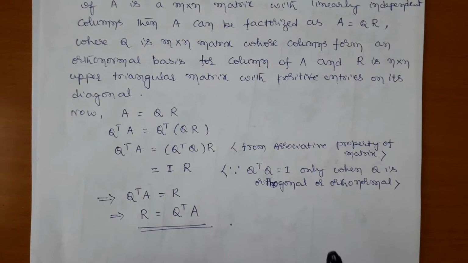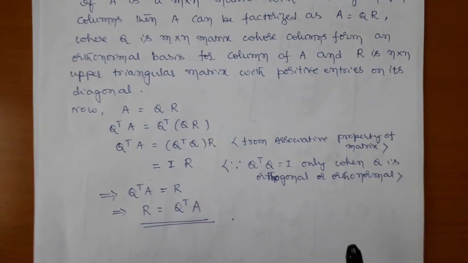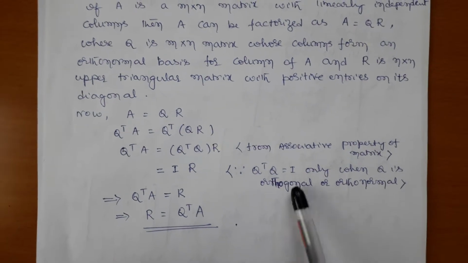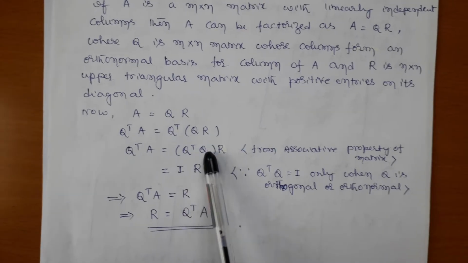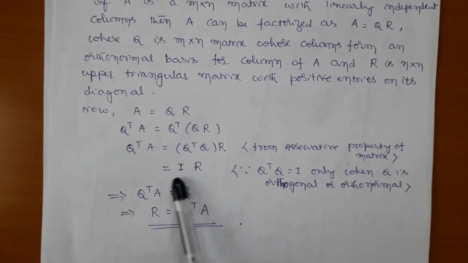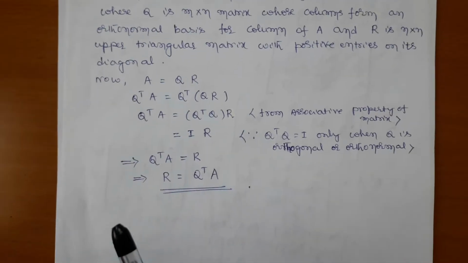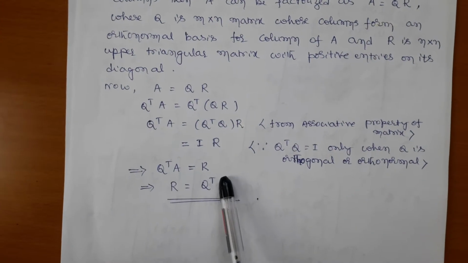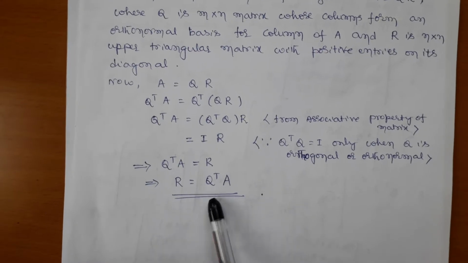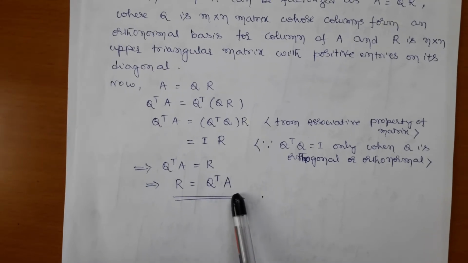Orthonormal is orthogonal, but orthogonal need not be orthonormal. Here Q is an orthogonal matrix, therefore Q transpose into Q is I. I into R, identity matrix into R, is R itself. Therefore, Q transpose into A is equal to R. So how do we get R? R is Q transpose into A.